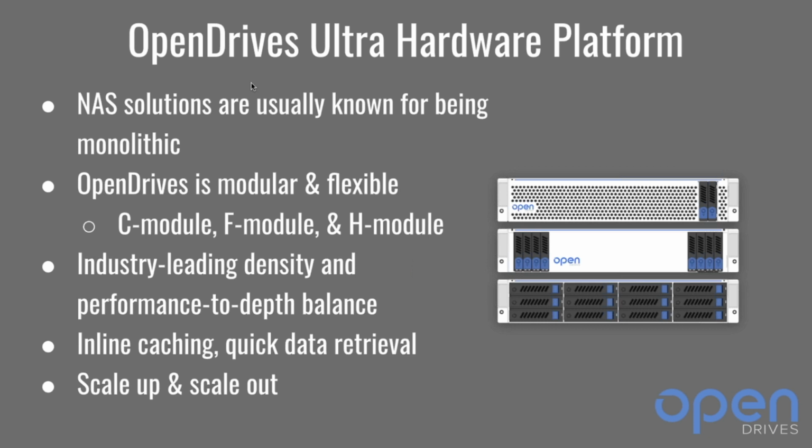Because we're NAS-based and we can achieve SAN performance, we do a lot of caching, and the way we cache is very unique in this market. And as mentioned before, we support scale up and also scale out. So you can go from a smaller system with a compute module and one H module up to an HA version, up to 16 H modules, or you can grow the scale out into multiple petabytes in one namespace.